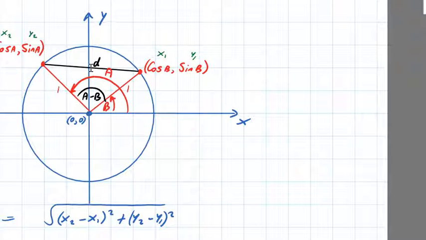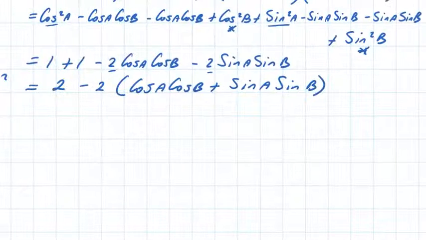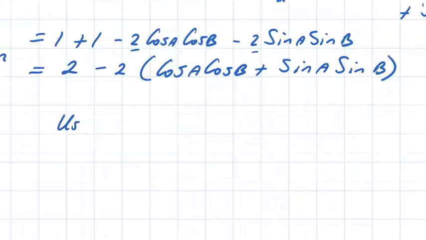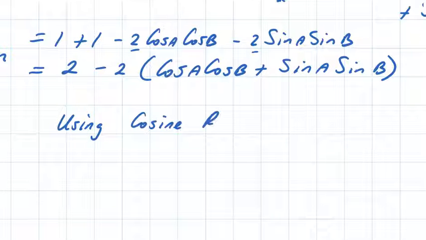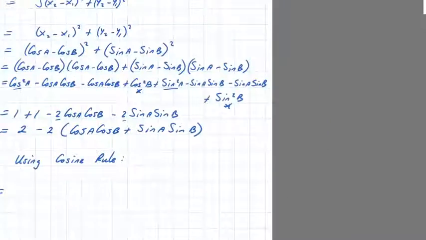Now what we're going to do is get the distance squared again using a different formula, which is the cosine rule, and put both answers together. That's the method. So use the cosine rule this time. So we're going to get distance again.